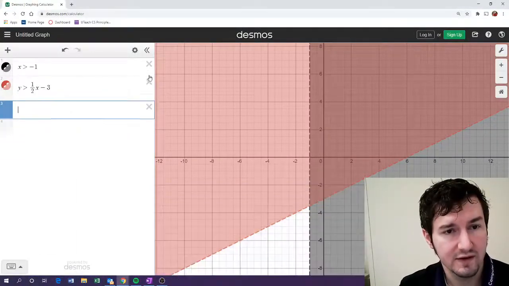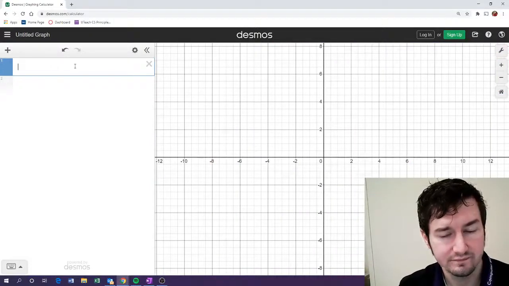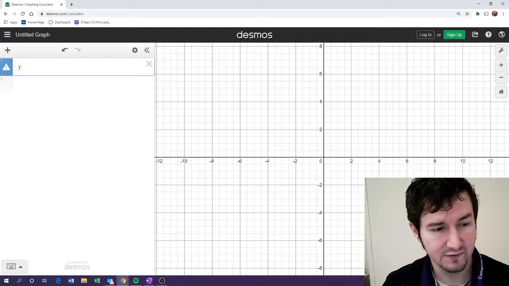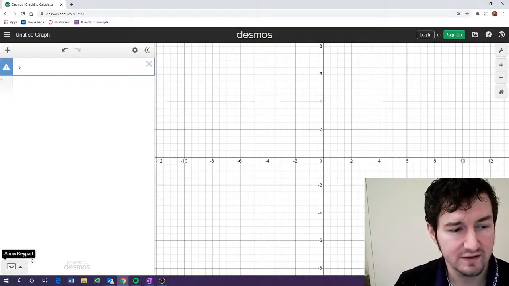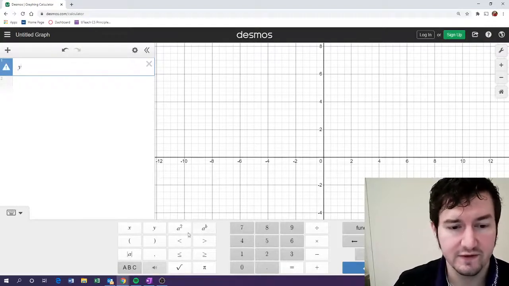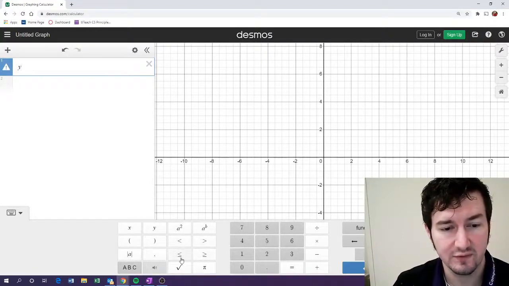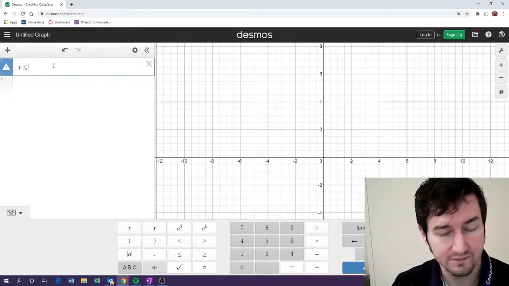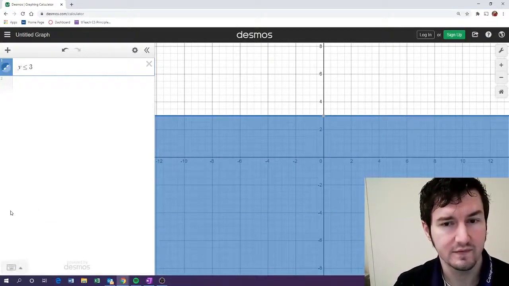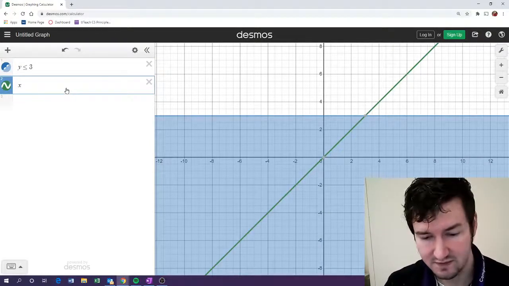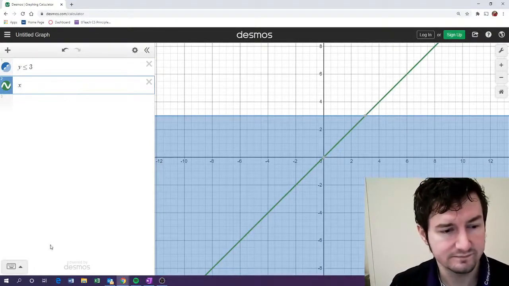Alright, so let's go ahead and clear these out. Our first one is y less than or equal to, and there's always a little keyboard down here in the bottom left that you can access on Desmos if you want some of the operators that aren't on your keyboard. So we're going to use the less than or equal to, and then 3. Then we're going to do x less than 2.